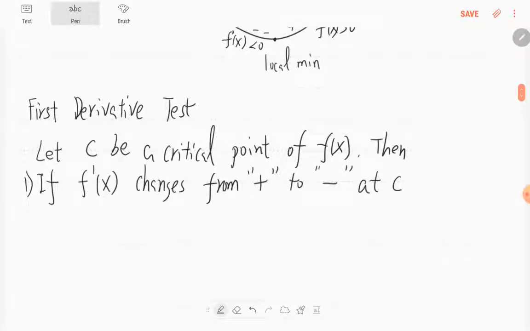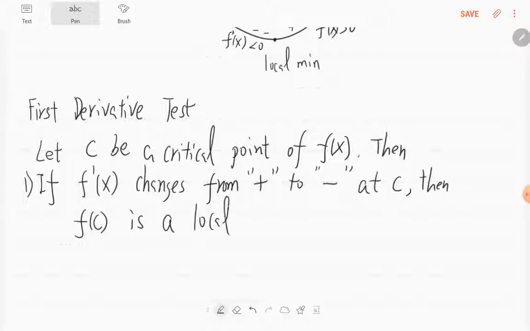Then f of c is a local or relative maximum.